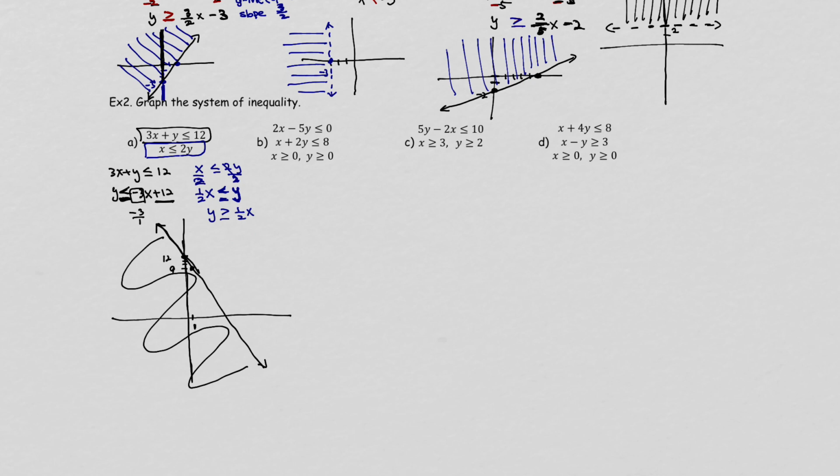So y-intercept 0 is going to be this point, and slope 1/2 means go up 1, move right 2. So it will be 2 and 1. And draw a solid straight line, because you do have greater than or equal to, passing those 2 points.